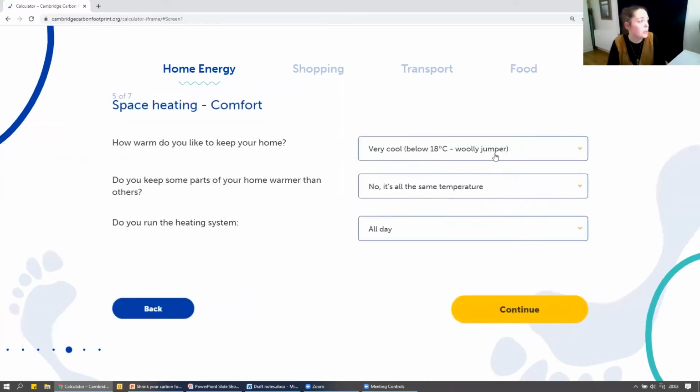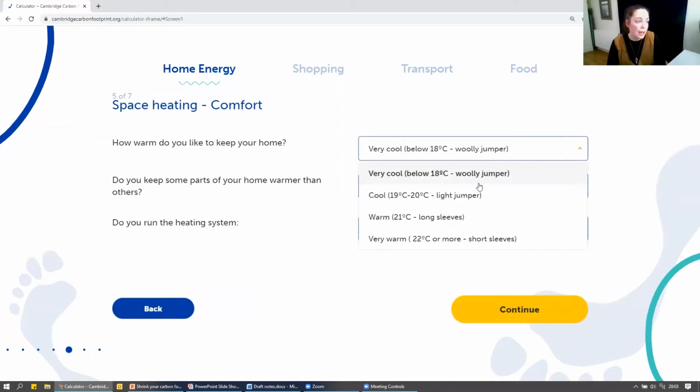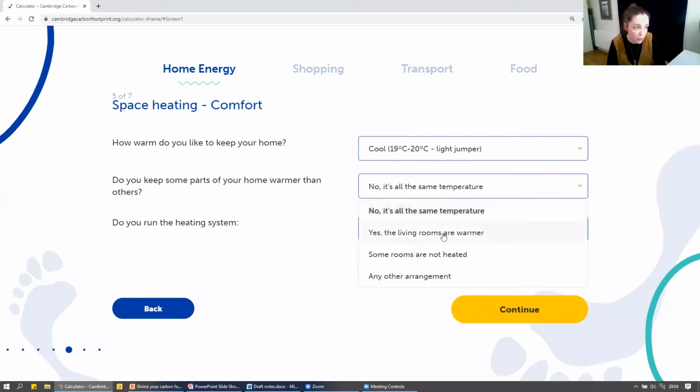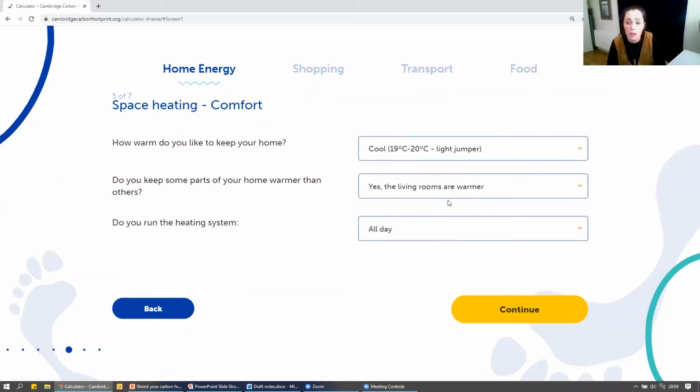If I continue, I have to admit we keep it cool, not very cool. We do keep the living rooms warmer, rather than heating the whole house evenly. We try and heat the house only in the mornings and evenings, but working from home, the gap in between has definitely got shorter.